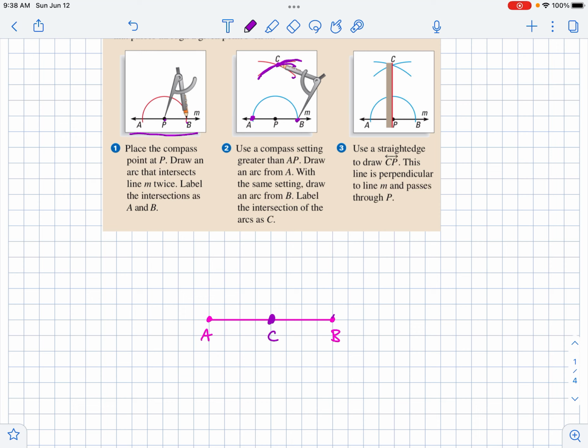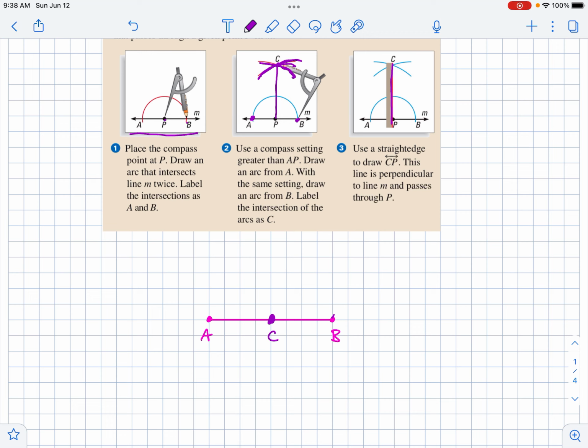Then you do the same thing over here with A, you make a little arc. Now, when you've done that, you can use your straight edge to draw a little segment down there, and you'll get a perpendicular bisector.